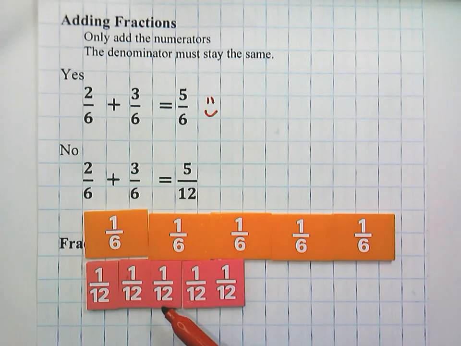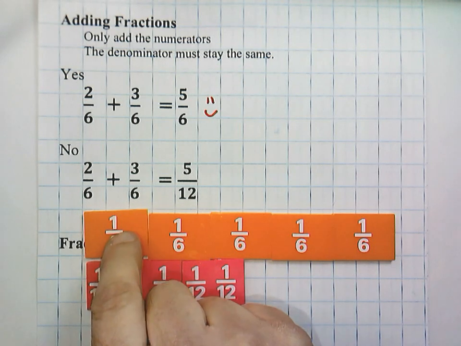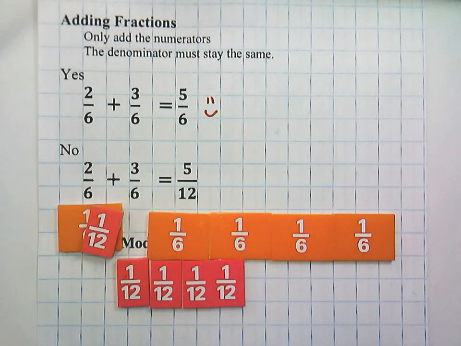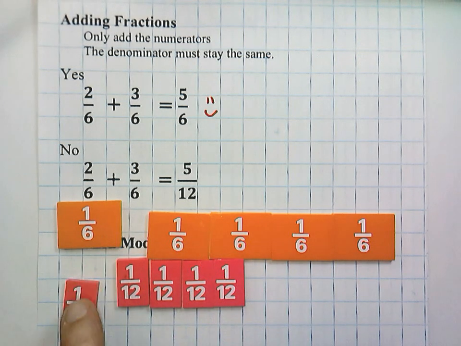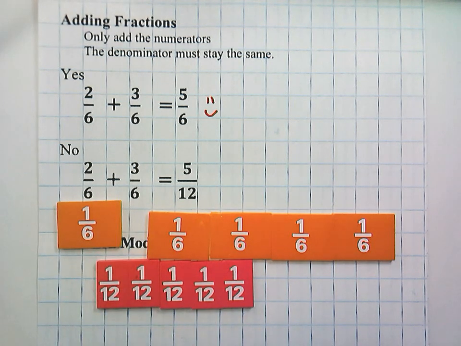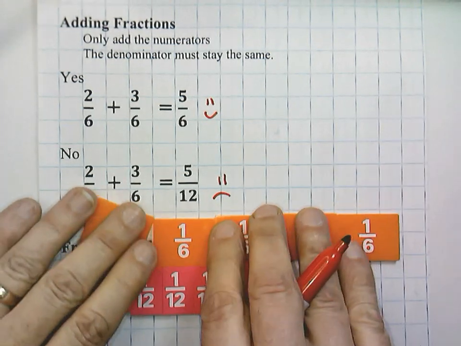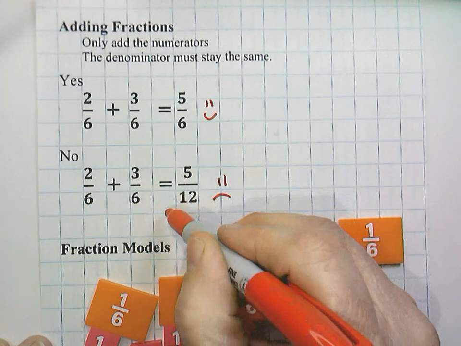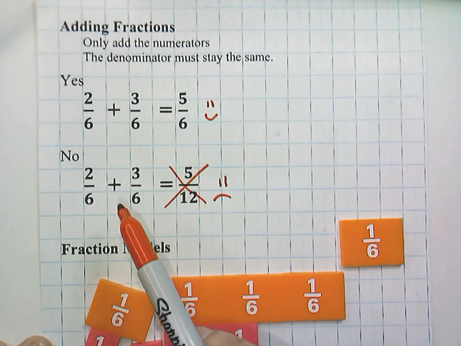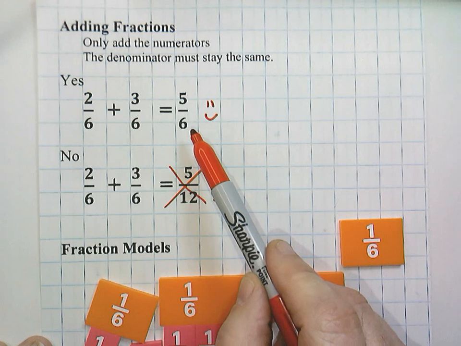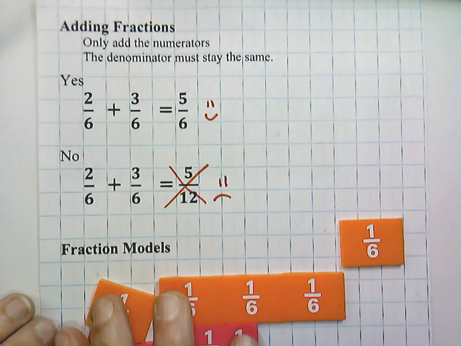That's why it won't work. If you turn that into twelfths, you've turned a sixth into a twelfth, like turning an apple into an orange. And in math, you cannot do that. So I'm going to put my frown face here, and we do not add the bottom. Remember, boom, boom, boom. The bottom stays the same, but you only add the top.